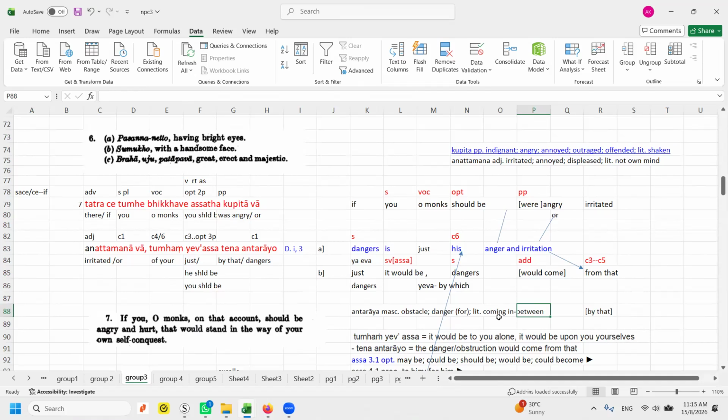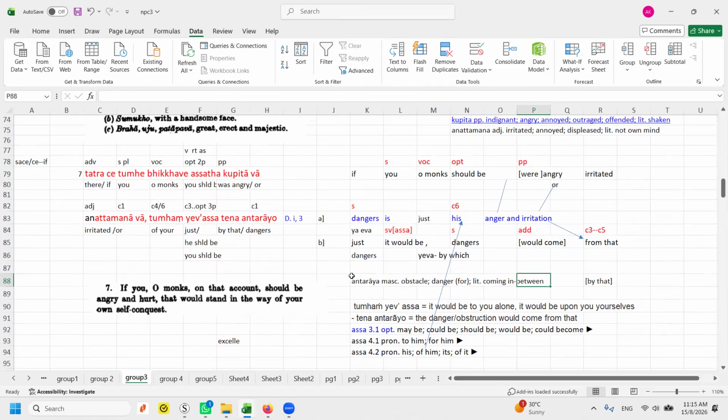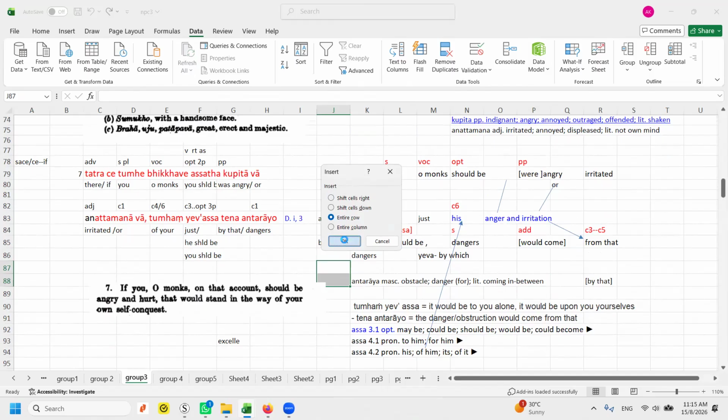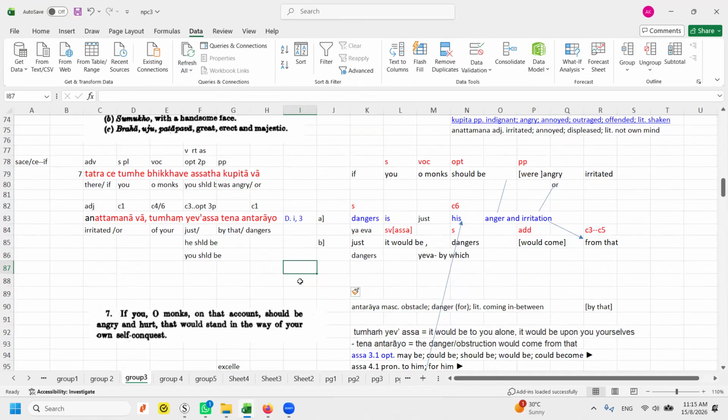So in this particular case, it means danger by which. This line is a bit difficult, so we add in another two lines. Can you see this?